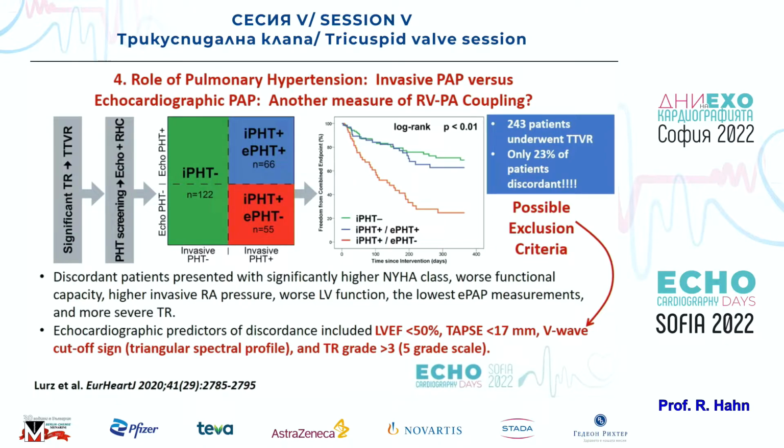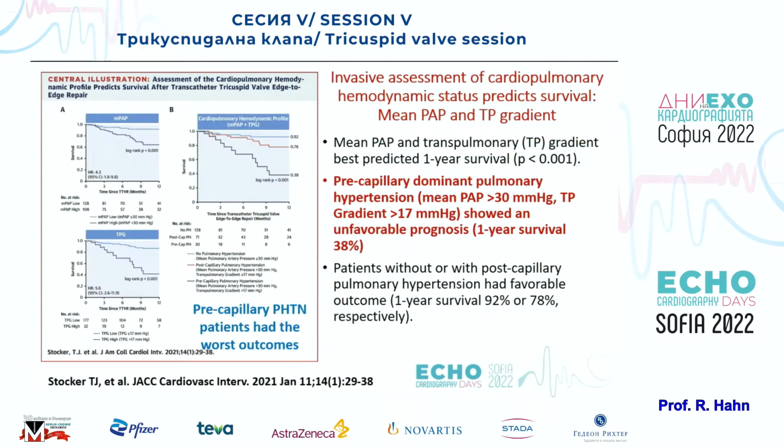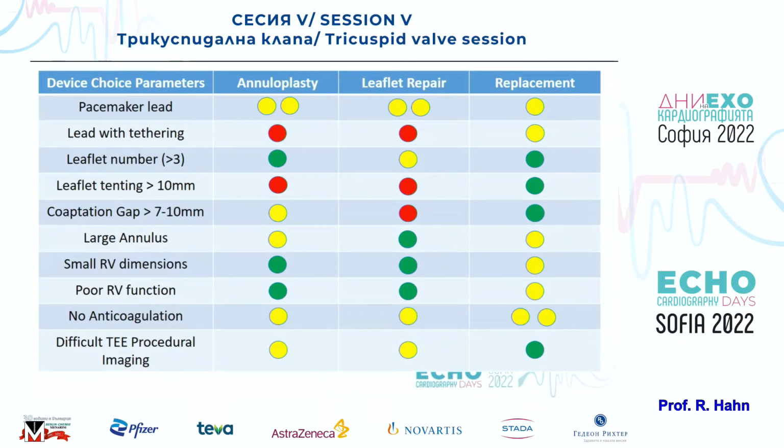So this, again, may be a possible exclusion for some of the patients into the trials. When we look at these invasive measures of mean pulmonary pressure and transpulmonary gradients, we also find that the patients with pulmonary arterial hypertension, pre-capillary dominant pulmonary hypertension, are the ones with the worst outcomes. And therefore, again, this may be one of those criteria that we may use to exclude our patients.